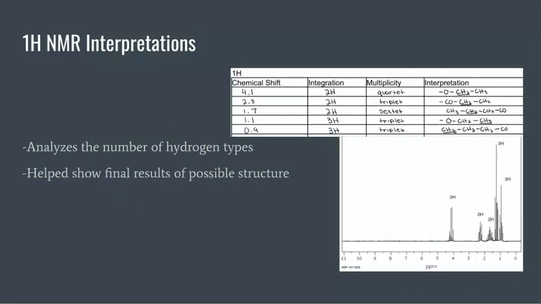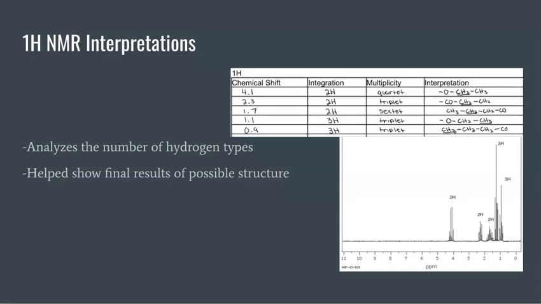That brings us to our last spectrum to look at, and that is our 1H spectrum. This analyzes the number of hydrogen types within the molecule. It will look at varying electron densities around a hydrogen nucleus, leading to different levels of shielding from the magnetic field. The more shielding there is, the lower the chemical shift will be.